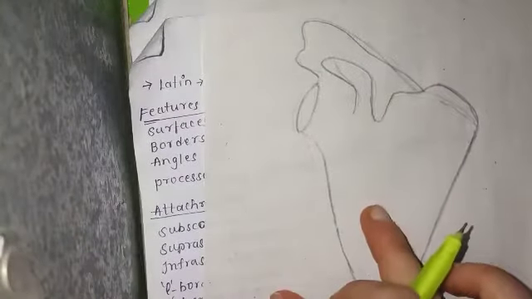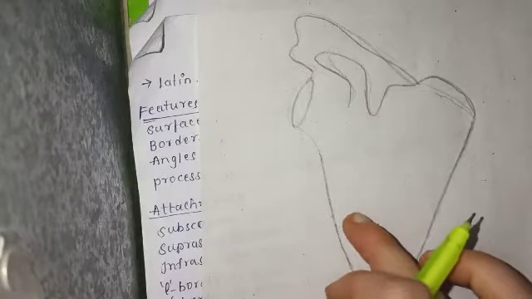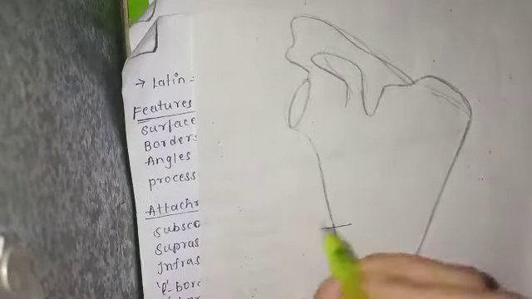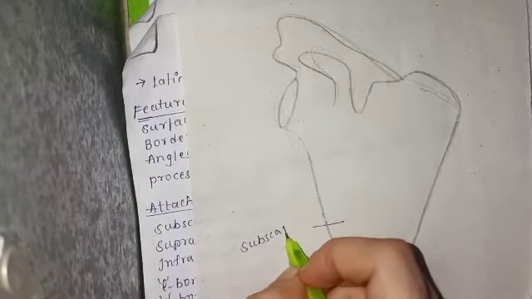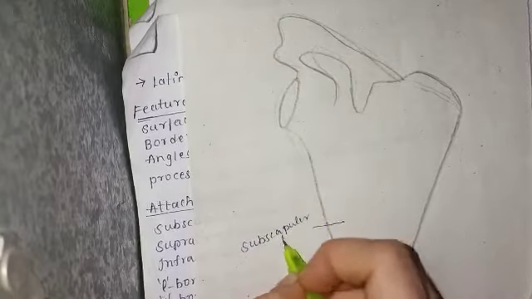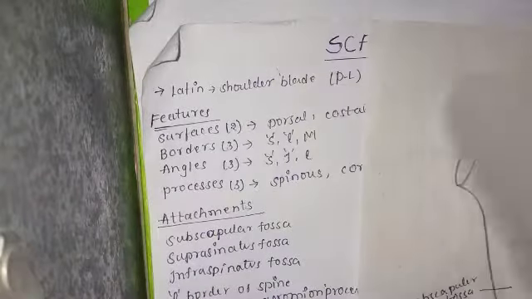This is the costal surface. Costal surface is also known as the subscapular fossa. These are the three fossae or the two surfaces present in our scapula.